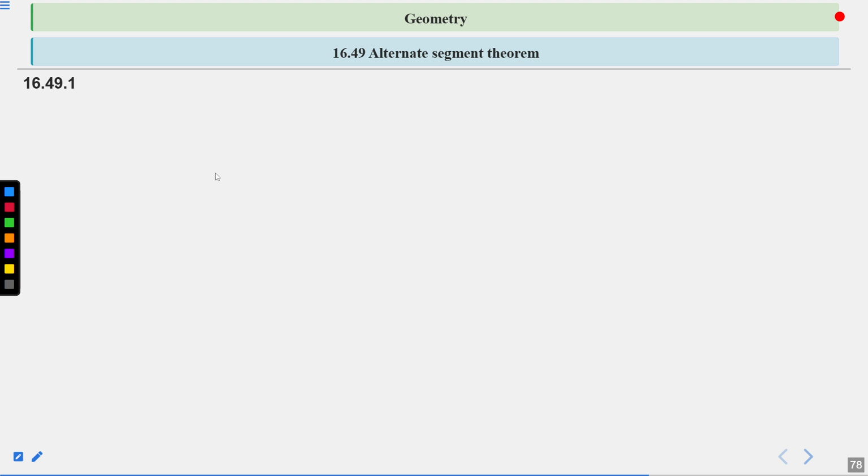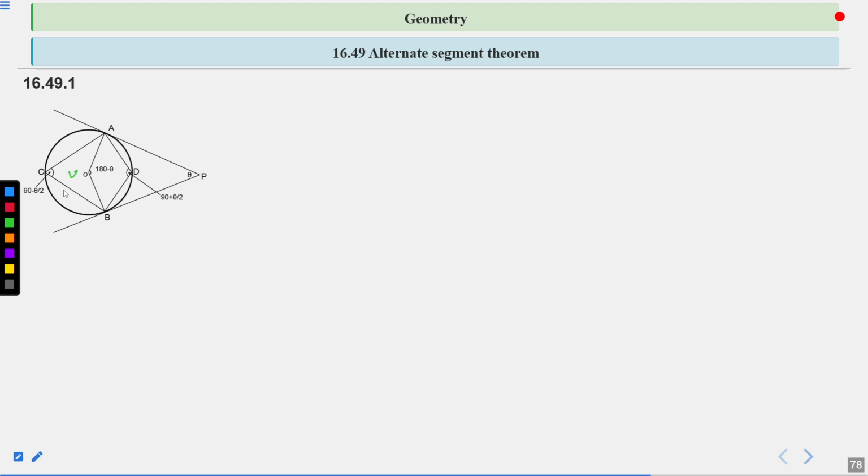In the alternate segment theorem, the formula: if we see this diagram, we can clearly see that we draw two tangents from a point P, and both are equal in length, so PA equals PB, and we make the angle from the chord AB.